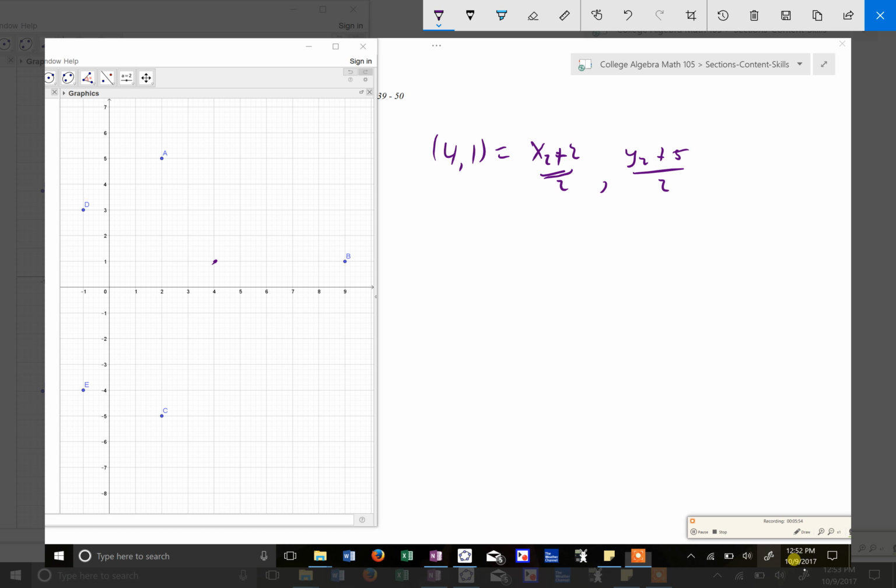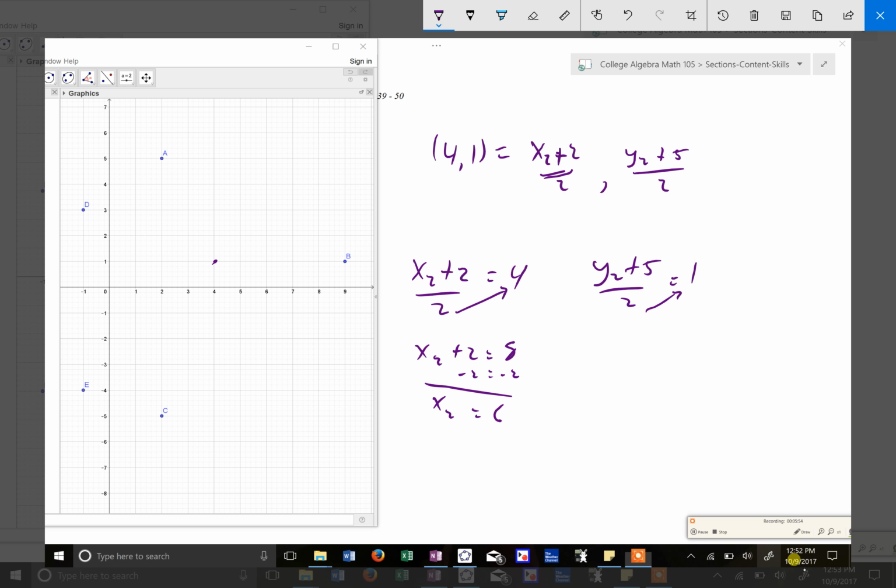If x2 plus 2 over 2 has to equal 4, I would multiply that and get 8. Then subtract 2. That means my x2 value has to be 6. I would do the same thing for my y value. y2 plus 5 over 2 equals 1. I multiply that over, and I get y2 plus 5 equals 2. Subtract 5, and I get y2 equals -3.